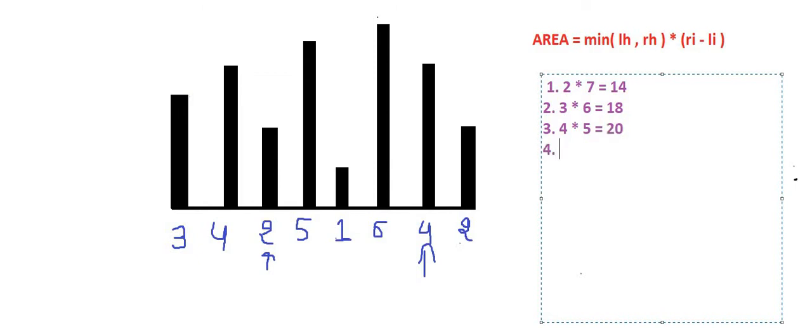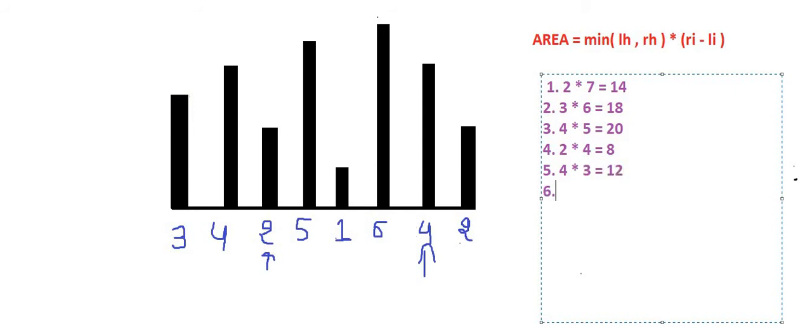And in the fourth case, the height is 2 and the width is 1 2 3 4, so 2 into 4 will be 8. In the fifth case, this pointer will come to 5, and the minimum of 5 and 4 is 4, and the distance between them is 1 2 3, so it will be 12.